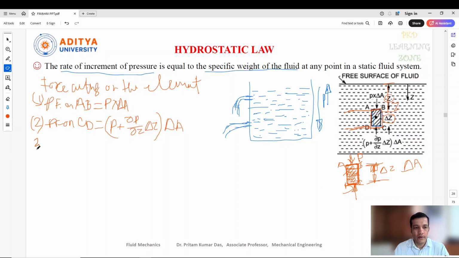Now third, you can see the remaining surfaces: one is the AB surface, another is the CD surface, and then the AD and BC surfaces.